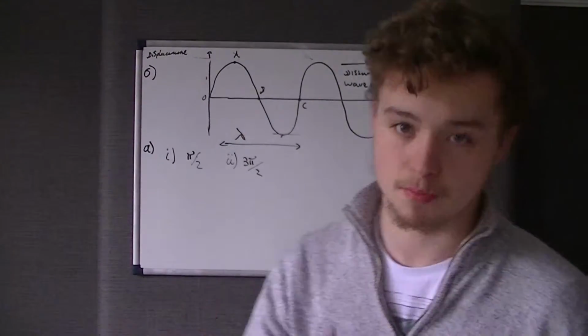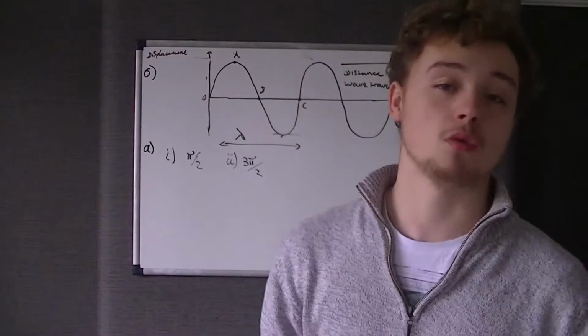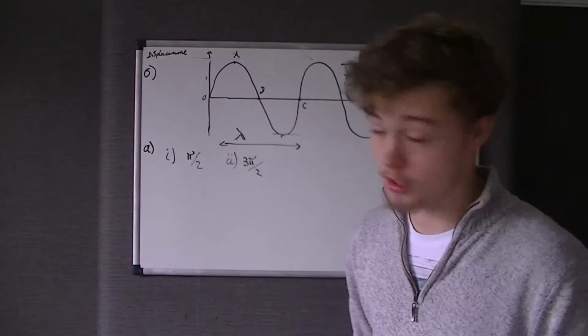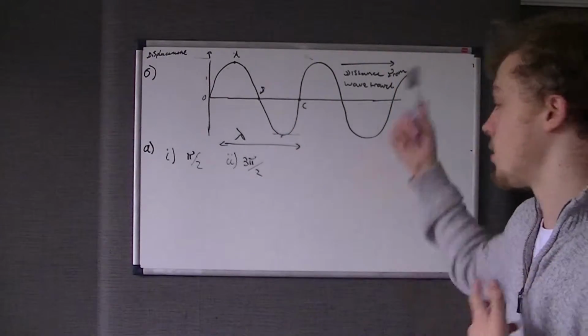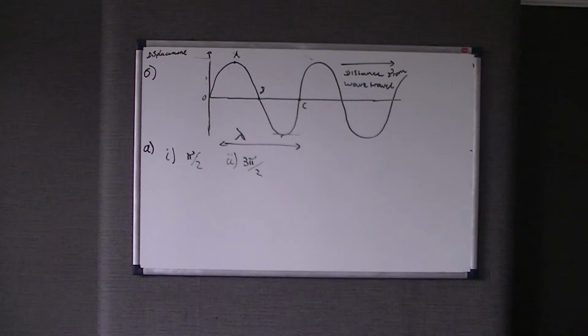I think that is the right equation, but I don't want to say something and then it'd be wrong. So do check the formula sheet for the correct equation for phase difference. But you could just look at it the way I did for this kind of question.